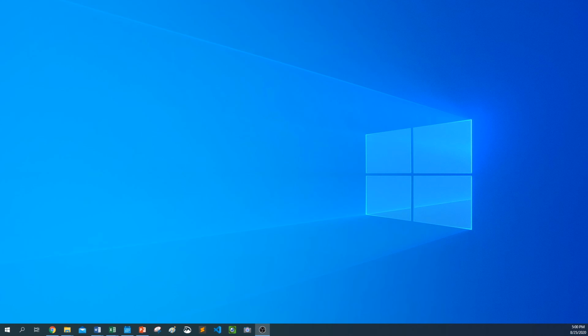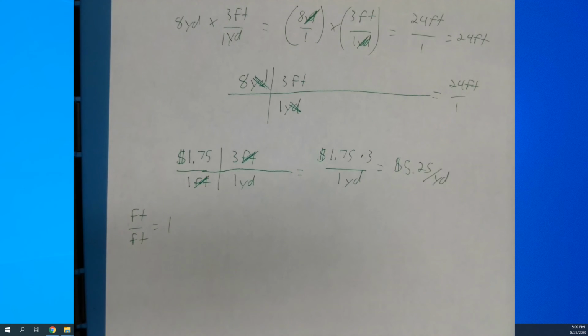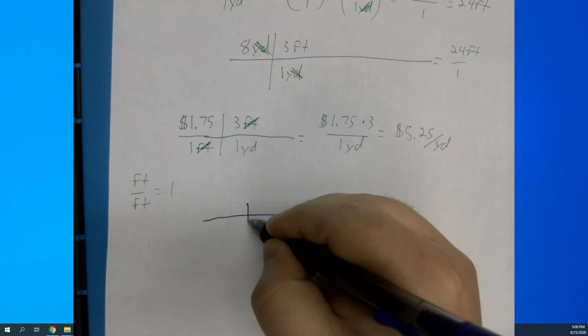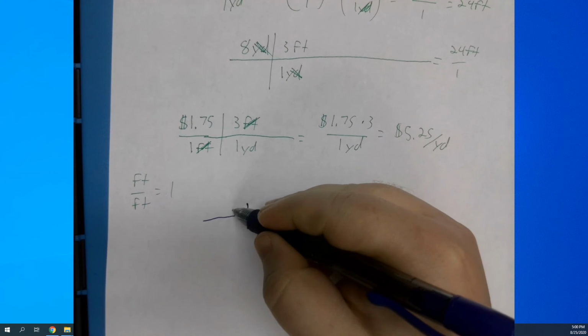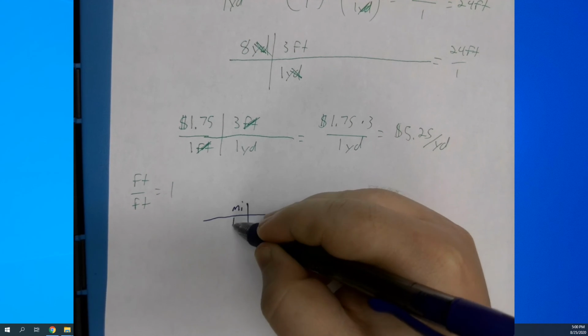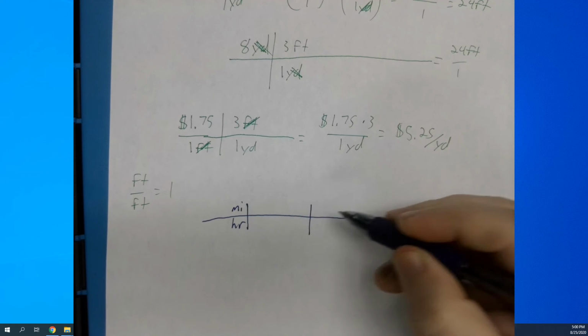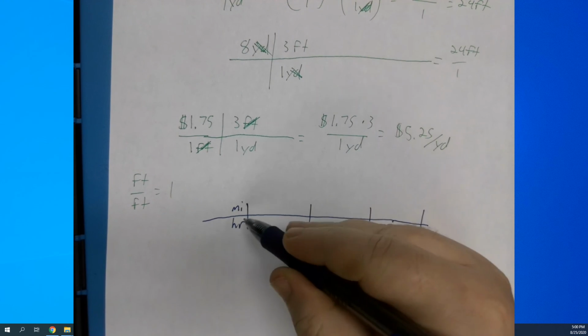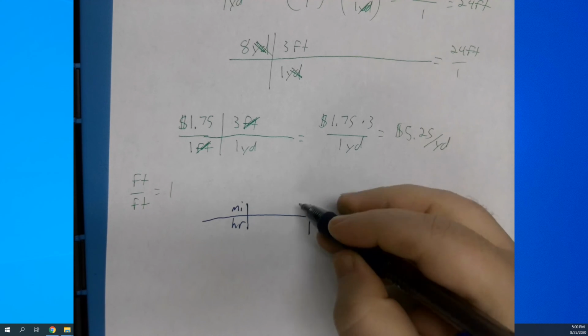Again, using the grid notation I use, what I would do, and I still suggest doing what they did in writing down. So we're given miles per hour. We need to convert miles into feet.